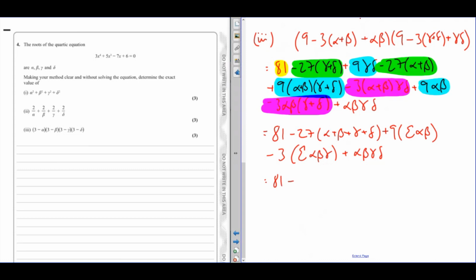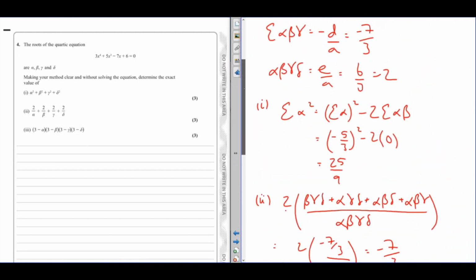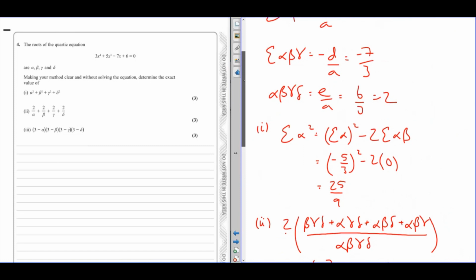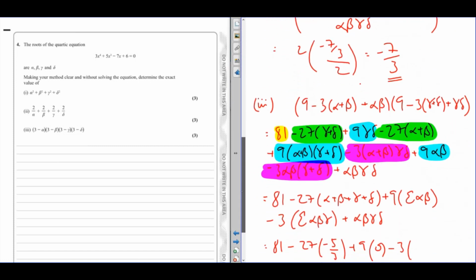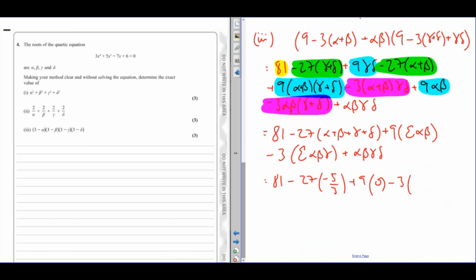Subbing in our results for each of these. So we've got minus b over a for that one, so minus 5 over 3. Then plus 9 times 0 for that one. Minus 3 times minus d over a. So we get 7. That should have been a positive 7 over 3, so should that one, so should that one.